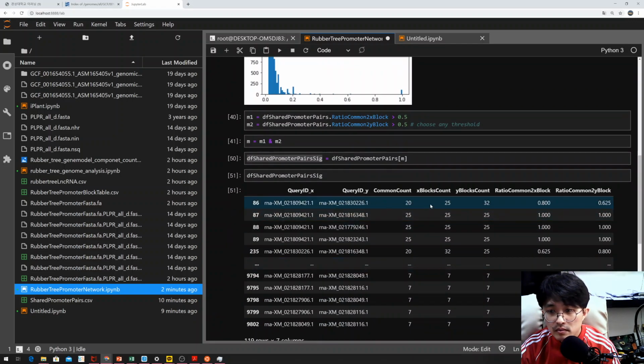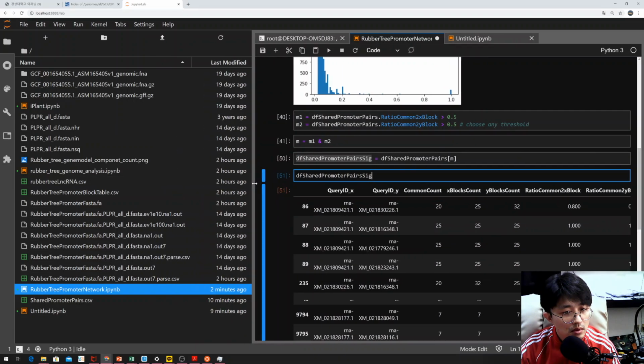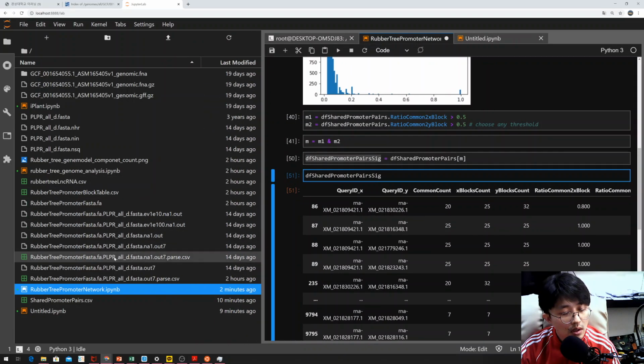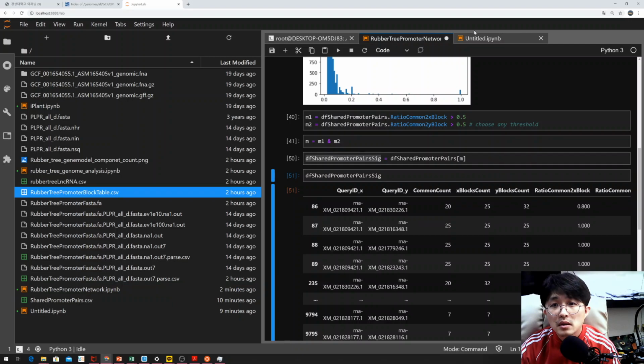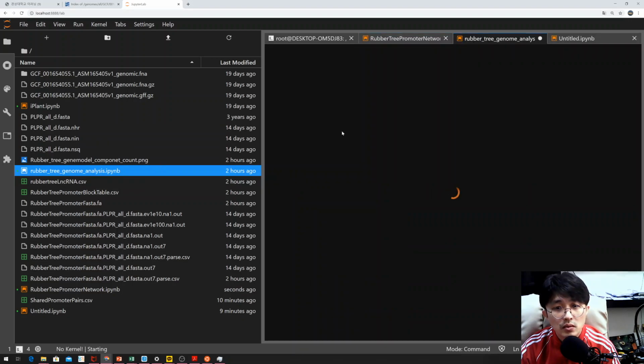And maybe we can retrieve the annotation. I think we already analyzed the annotation. Is it right?